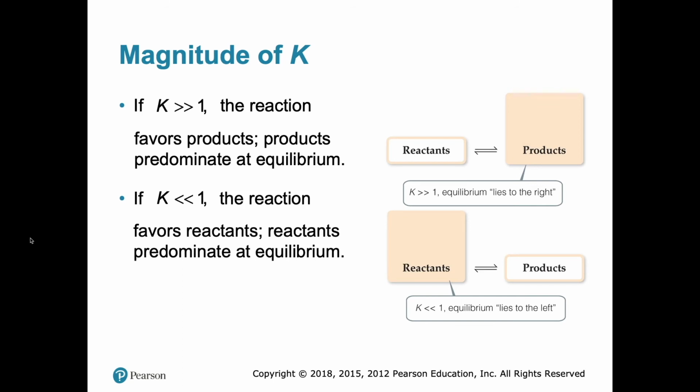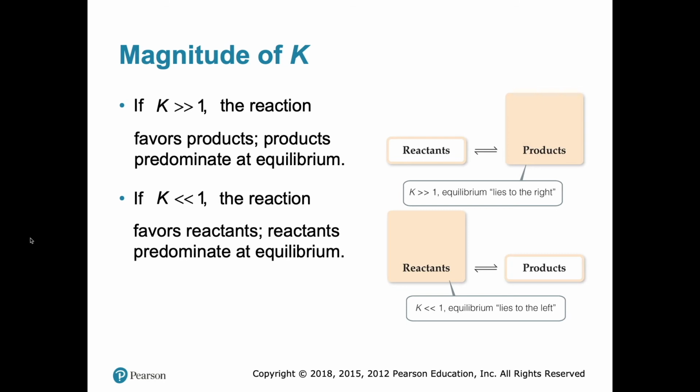That's what it was. And so if the K is less than 1, then the reaction lies to the left, right? So it is very probable that I will give you a question in which I give you some Ks, and you need to tell me whether it's going to be mostly reactants or mostly products in that reaction.